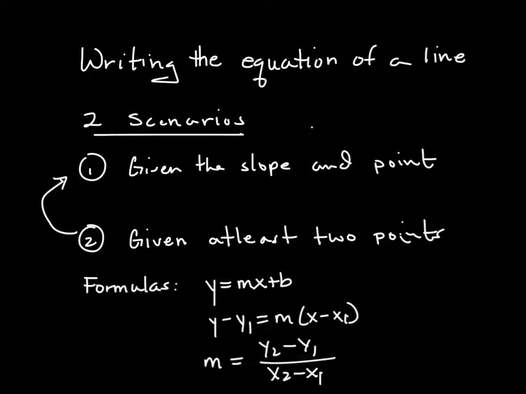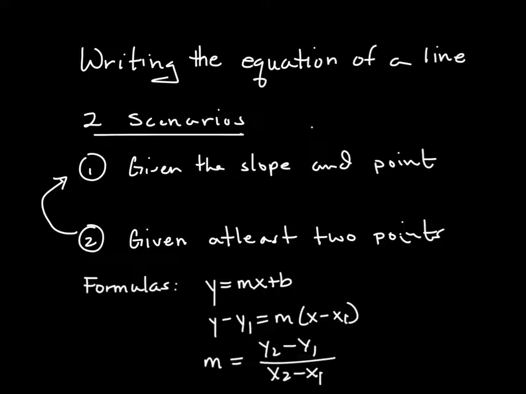So overall, to write the equation of any line, you need to figure out slope, and you need to have data in the form of a point, somehow, some way, of 1 point. I could give you 300 points, you only need to use one of them. I could give you 40 points, you only need to use one of them.